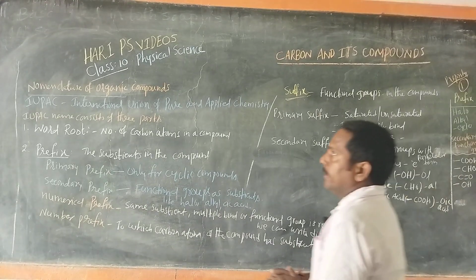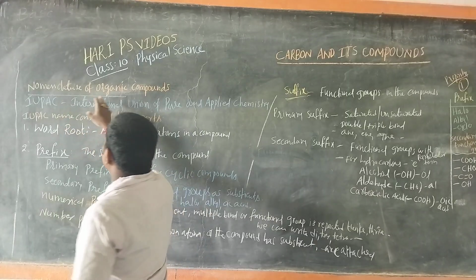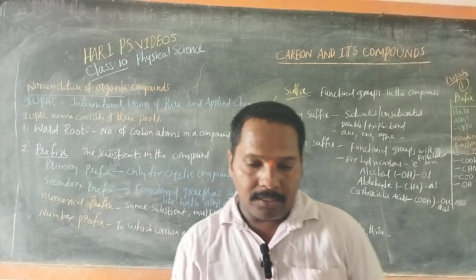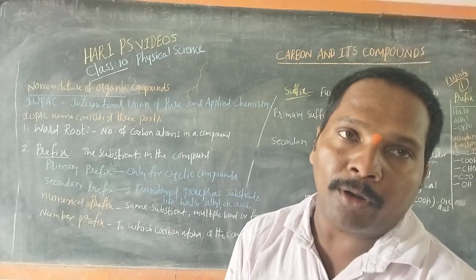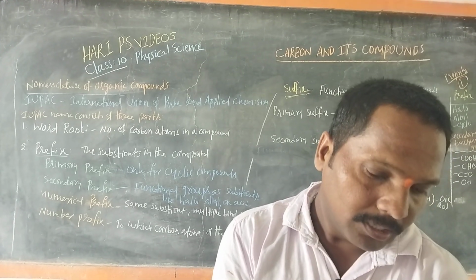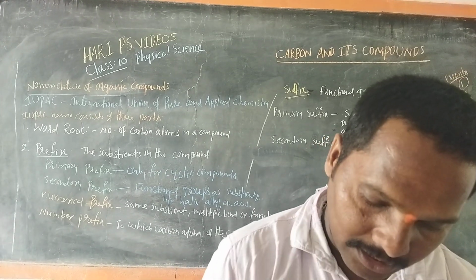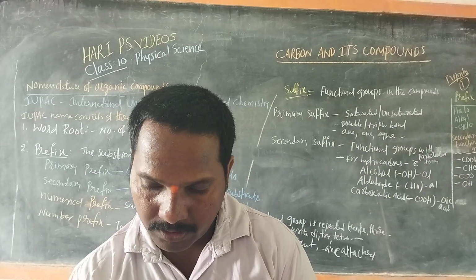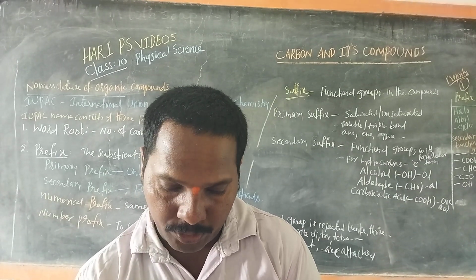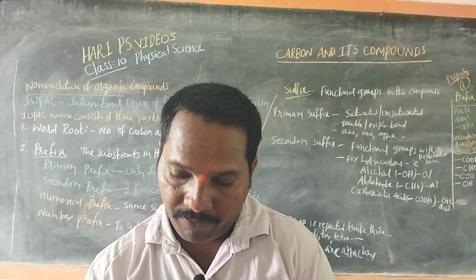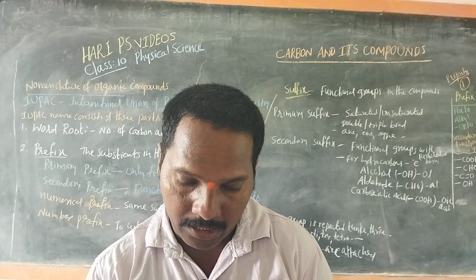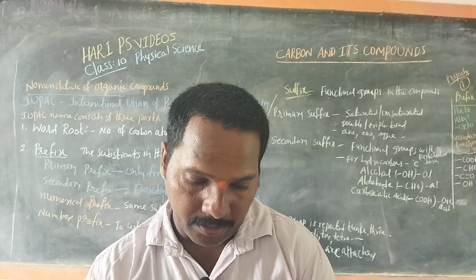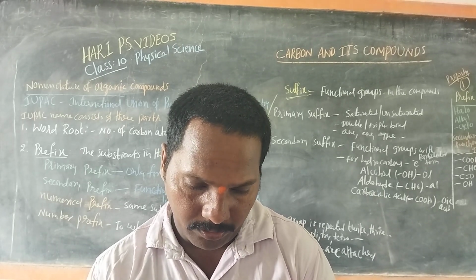Right. Coming to the next topic, nomenclature of organic compounds. This is one of the very important concepts in the chapter Carbon and its Compounds, because we need to give a name to a particular organic compound.